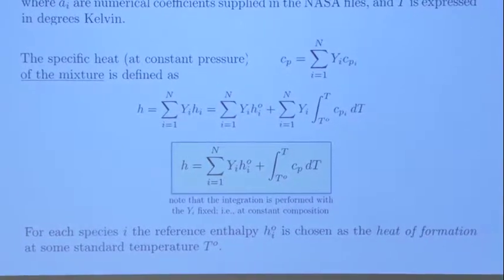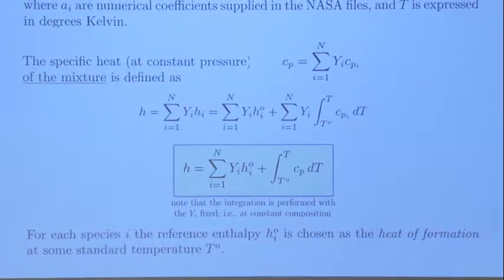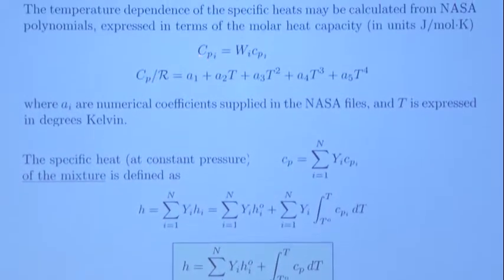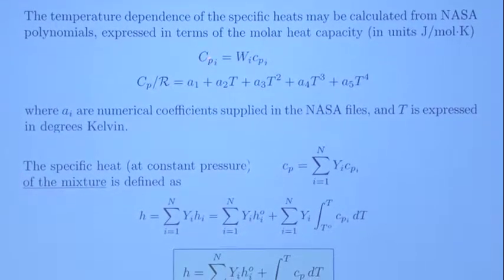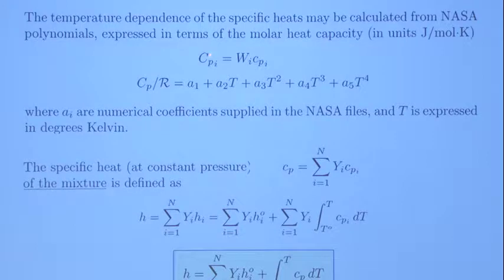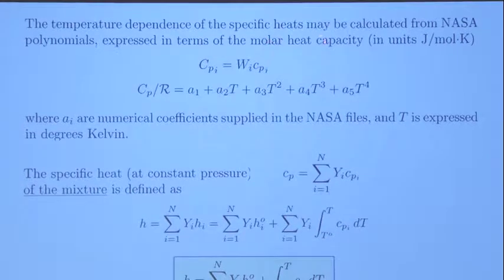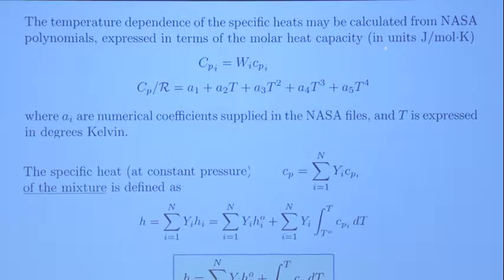Of course, today it's probably computerized and everything is easy to get. But it's usually done in terms of the specific heats, expressing the molar heat capacity, the molar specific heats.